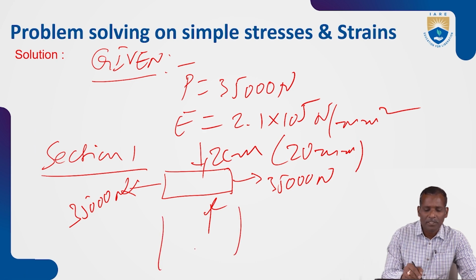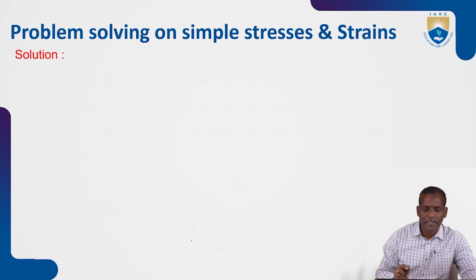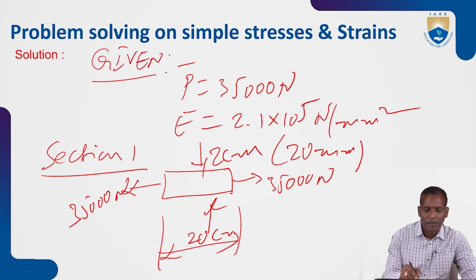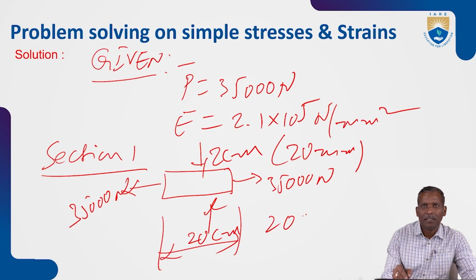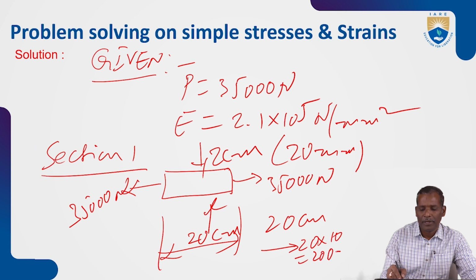The length of the section is L is 20 centimeter. 20 centimeter convert into mm, so 200 mm.